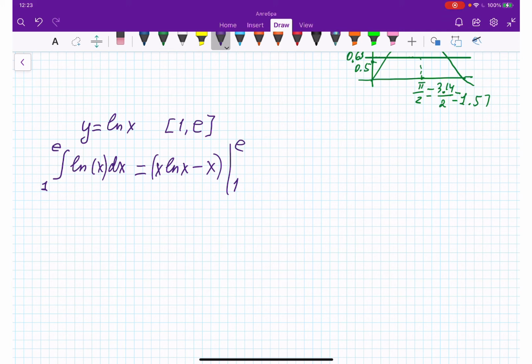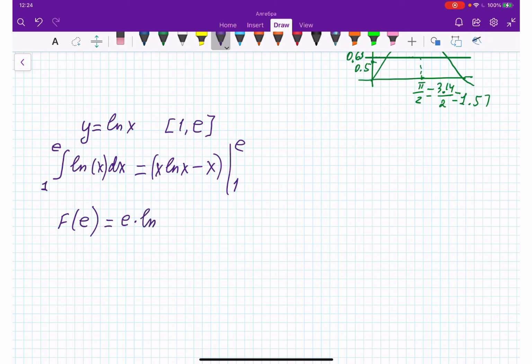So this is what we get, and we are going to have, let me see, I can write down as an antiderivative from e. It's going to be x times ln x, okay, e times natural logarithm e.